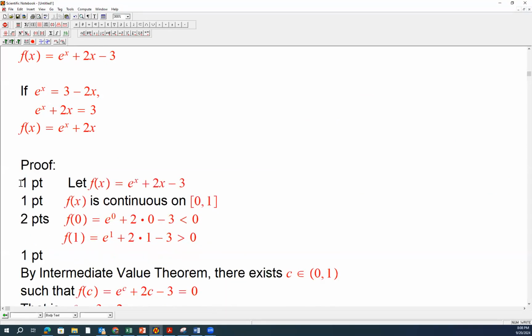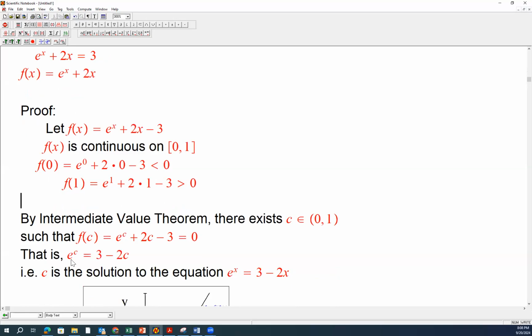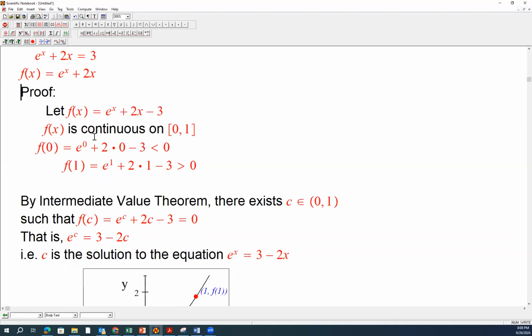Well, in the proof, I'm going to remove these points, so that was not needed. Suppose at the beginning of the proof, because we are given the interval here, we just need to point out that the function is continuous on this closed interval. You can say the function is continuous on the entire number line.